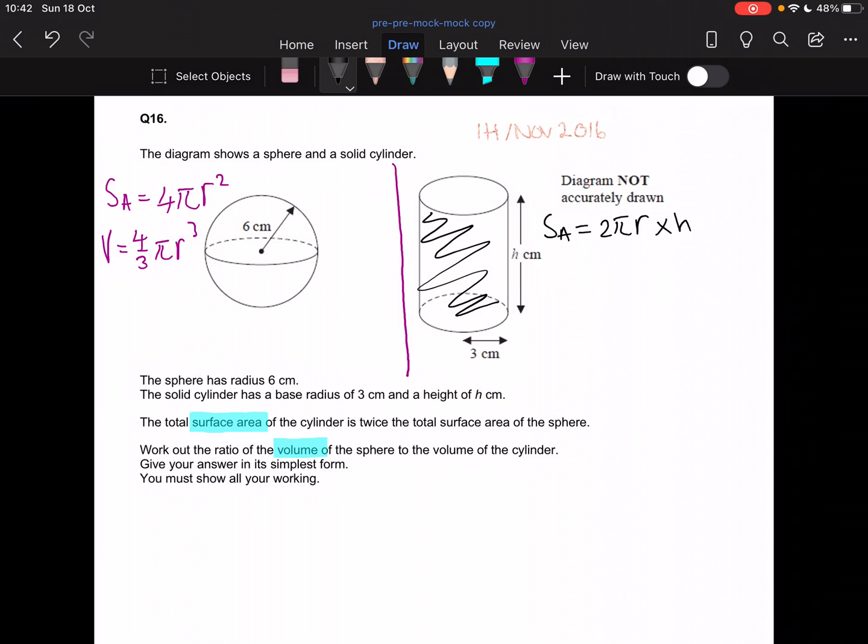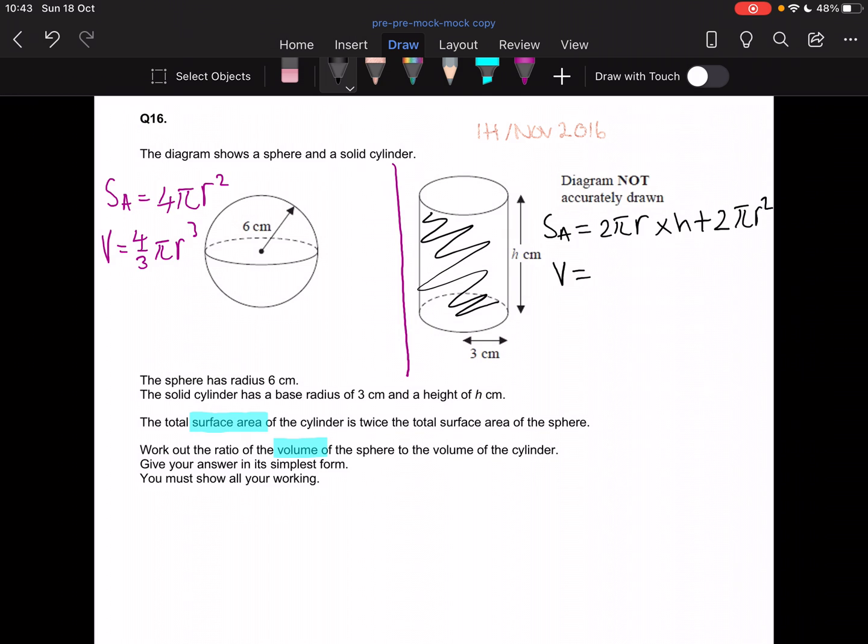If this was a tin of something, it would be the label that goes all around the tin. But we also need to add the areas of the circles at the top and at the bottom of this shape. So I'm going to add 2 lots of the area of a circle, which is pi r squared. So that's the surface area of a cylinder.